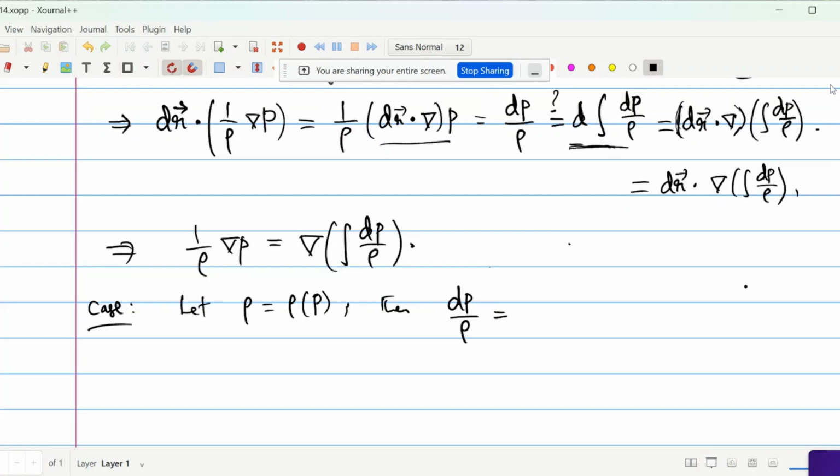Derivative of something, right? It's an exact differential. You want it to be an exact differential. So perfect differential means you want this to be d of some q, for some q.